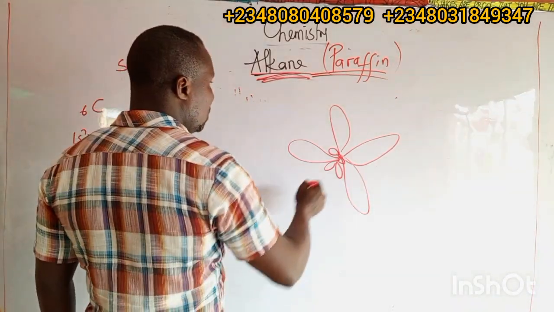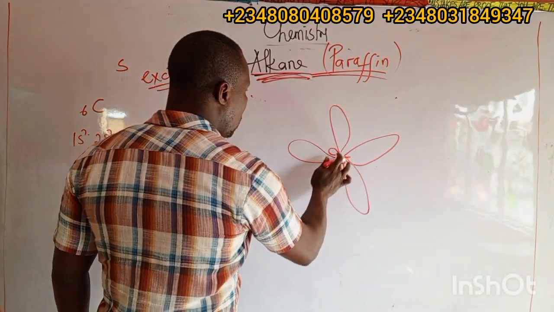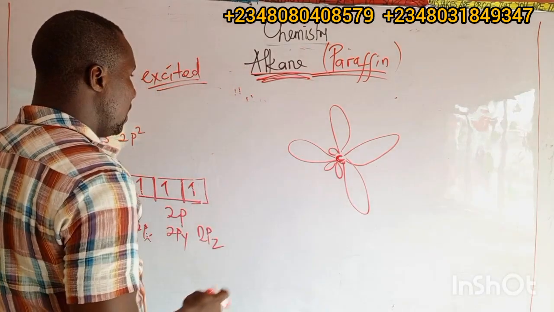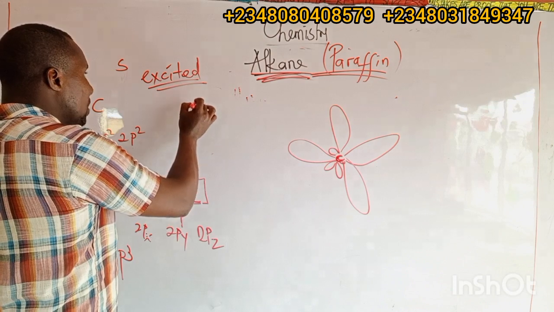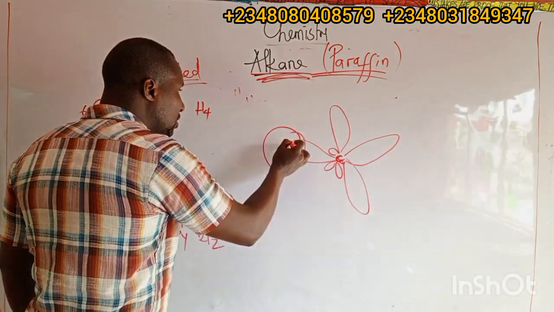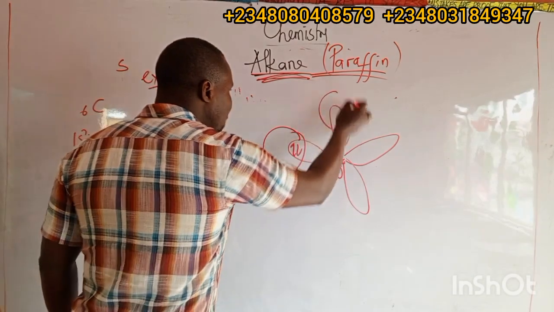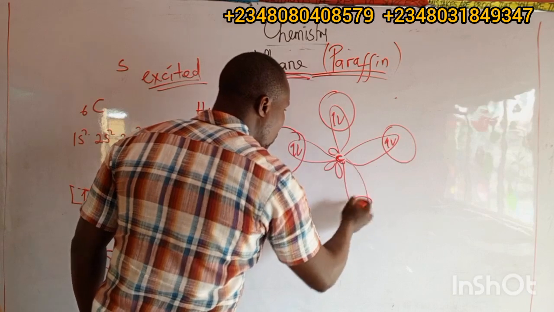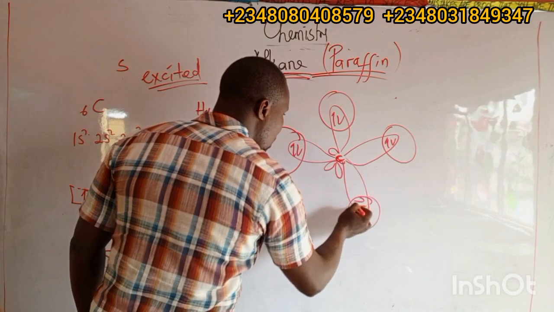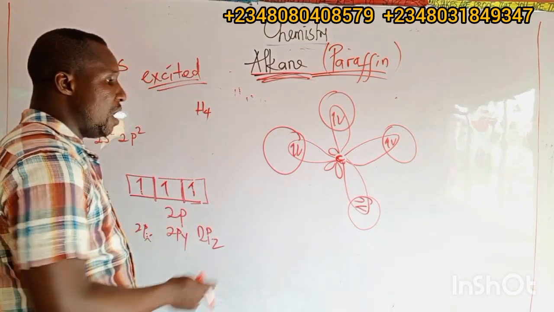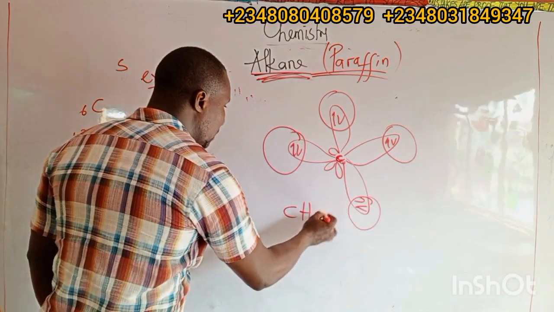Then this is the carbon of alkane. Then don't forget, in alkane, how many hydrogen do we have? Four. Each hydrogen is attaching itself to this. We have one hydrogen here, one here, one here. In this case, this is the structure of alkane, methane.